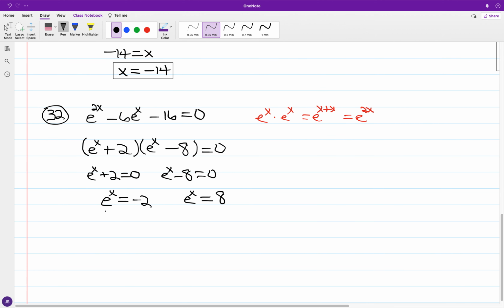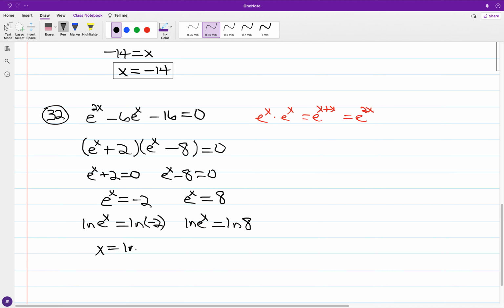And guess what? I can take care of the e if I take the natural logarithm on both sides. So the natural log of e to the x, again a base e logarithm of e to the x, will go to x.